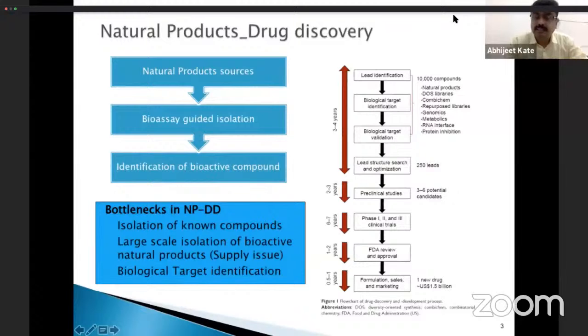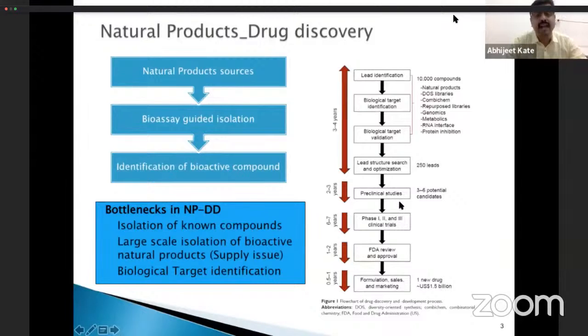if you can see the slide, you can clearly see on the right hand side this flow diagram, where several compounds from various sources can be screened. We find the biological target, we validate that, we optimize our lead, and we conduct preclinical studies on animal models.